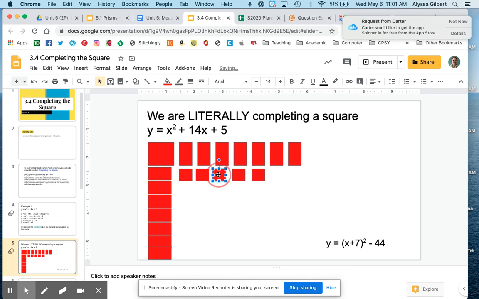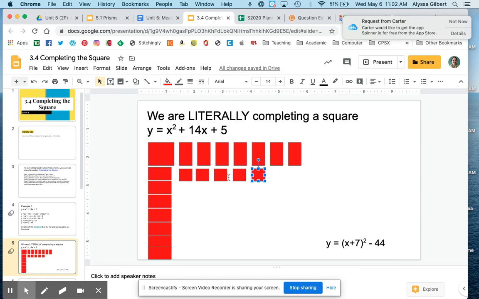Now, I have set up the outline of a square, but guess what? I need to fill in the square. I've got 1, 2, 3, 4, 5 tiles here, and how many spaces do I have to fill in with these singles?